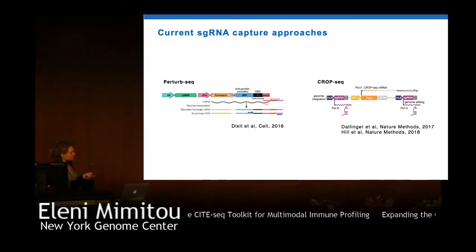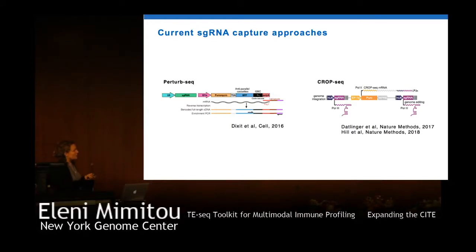The issue with Perturb-seq that was recently covered is that there's very often, as often as half of the cases, a swapping between the barcode and the associated guide RNA, and that can result in erroneous conclusions.